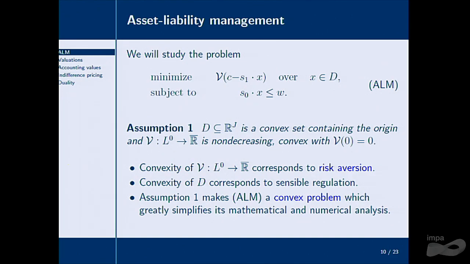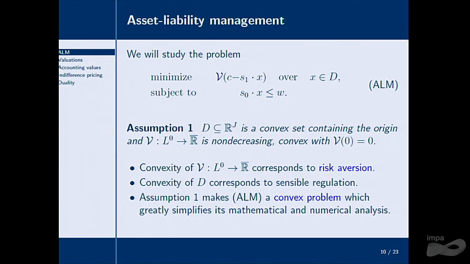You might think that the convexity of the function corresponds to risk aversion of the agent. If you take two portfolios, you take a convex combination, you end up with the convex combination of the net payouts, and that should reduce the risk as compared to the convex combinations of the values of the risks. You might think that the convexity of the constraint D corresponds to sensible regulation or internal risk management requirements of a company.